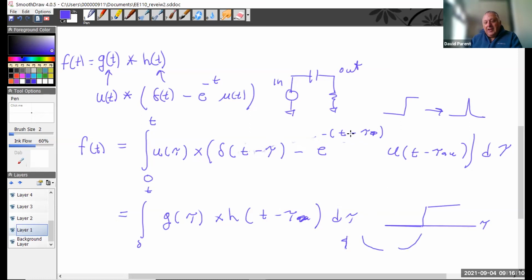But then, oh Lord, then you have minus tau. So on the tau axis, it's actually doing this. But then I have this minus t, which is actually acting like an echo.